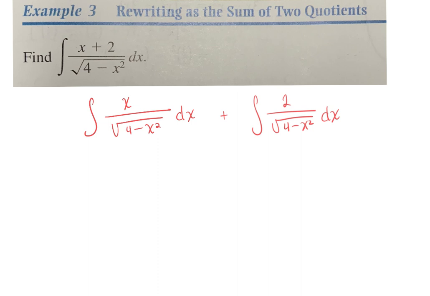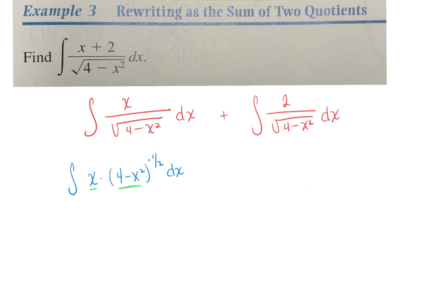So this first one right here, I can really think of it as x times 4 minus x squared to the negative 1/2, right? And I can use u substitution here, right? If I were to make this my u, what would my derivative be? Negative 2x, right? I only have an x. So what do I need to multiply by?